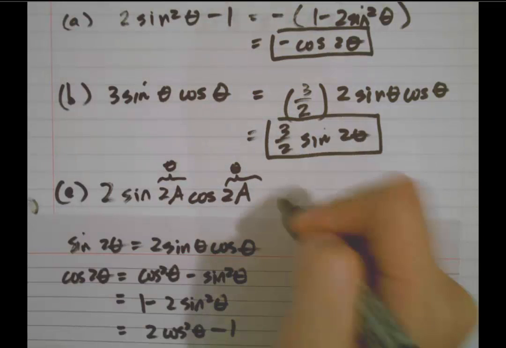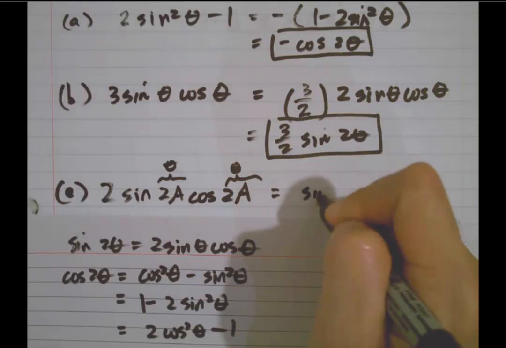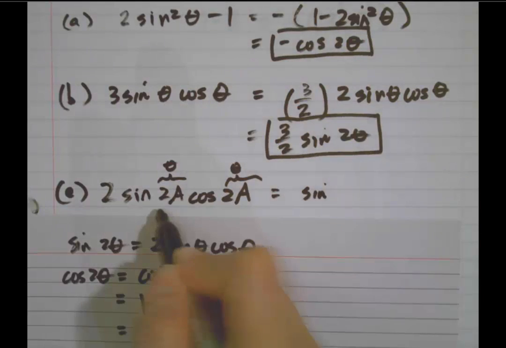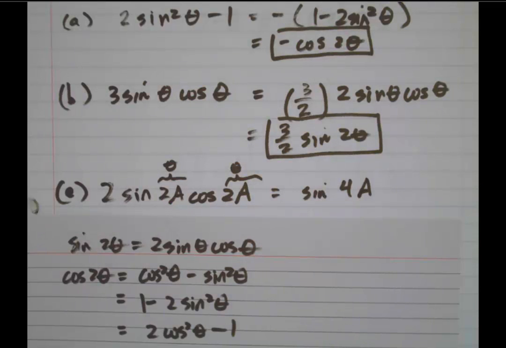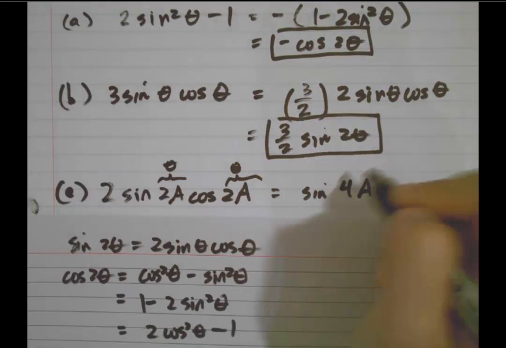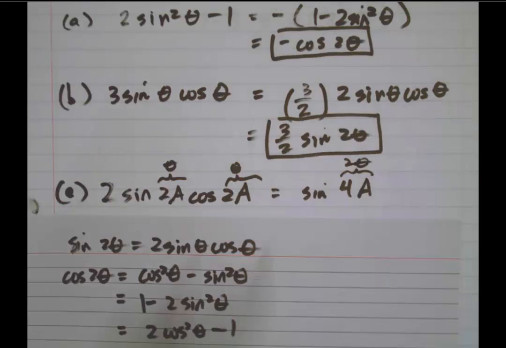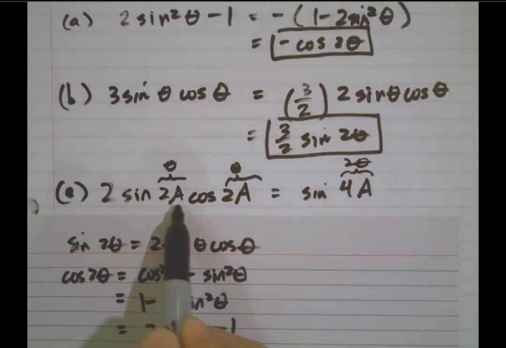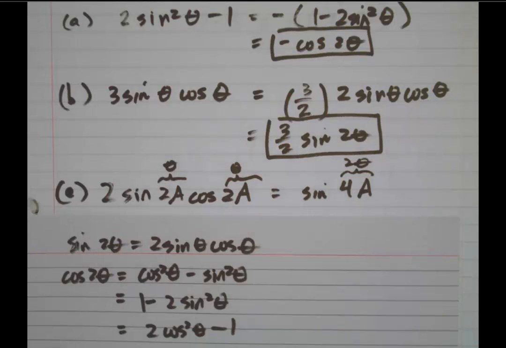So this is going to be sine. Now what is 2a times 2? Well, that's going to be equal to sine of 4a. Which is the same as 2 theta. So theta is equal to 2a. 2 theta is equal to 4a.